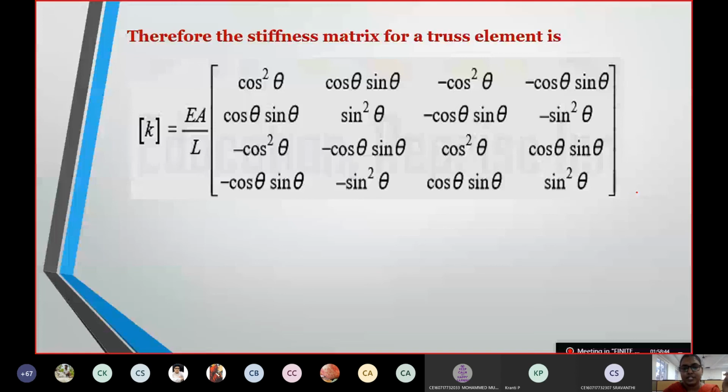And any other observation you have made out of the stiffness matrix? We have seen two matrices till now. We saw for a bar element, we saw for a truss element. Any other observation you made? None of you?